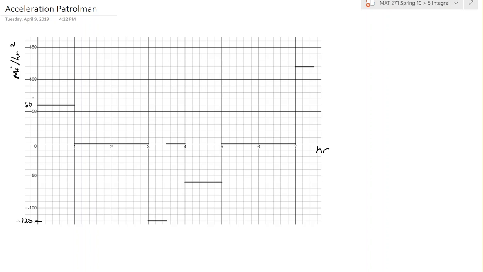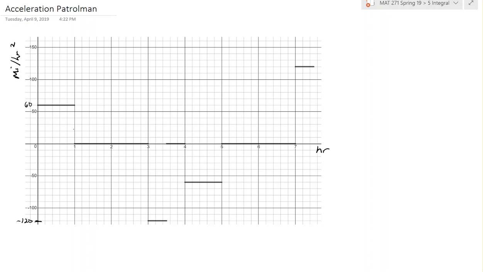But now, just observing this graph of this patrolman's acceleration, we see some kind of obvious things. If he accelerates at 60 miles per hour squared for 1 hour, at the end of the hour, he should be going 60 miles per hour.